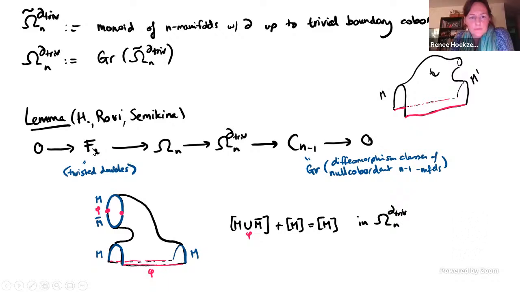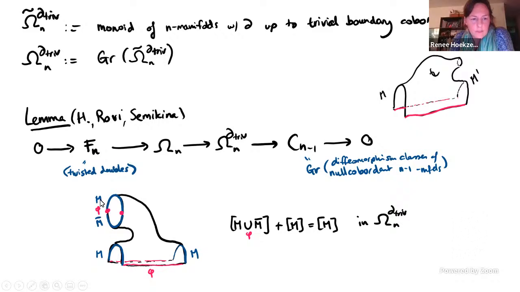So the map from normal cobordism to trivial boundary cobordism has a kernel given by twisted doubles. And that's because of the following picture, really.